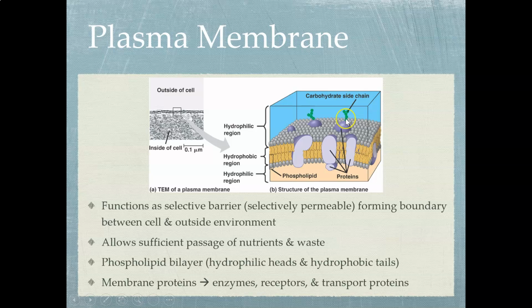Most of them will also have these carbohydrates sitting on the outside. These are tags, ways for cells to recognize what kind of cell this is, where it is located, that kind of thing as well. So we'll get into some more detail in terms of that plasma membrane structure and what it does when we get to chapter 7, but these are some of the big highlights.